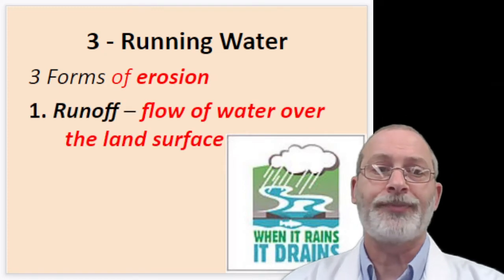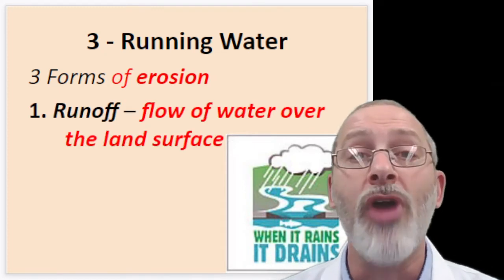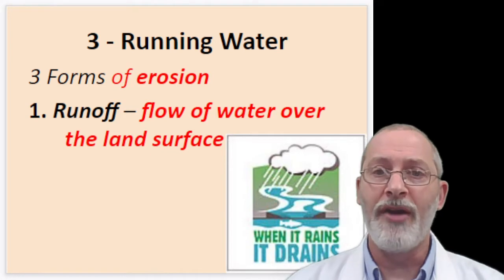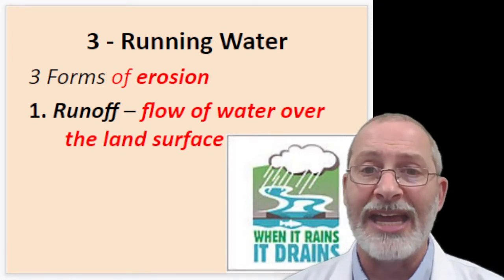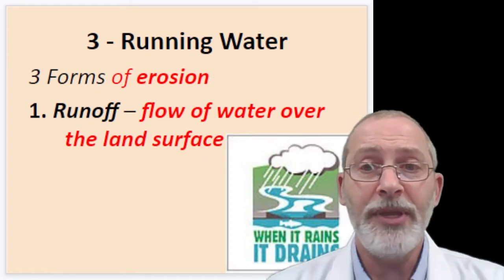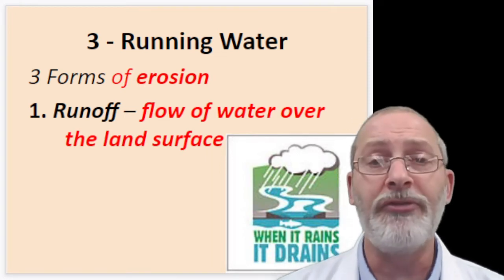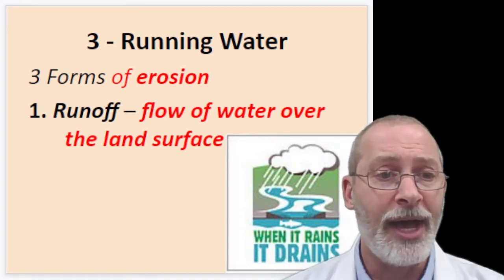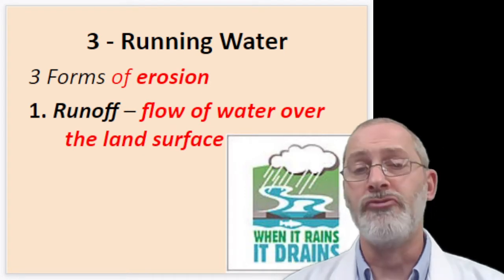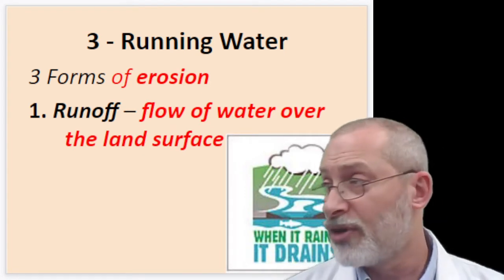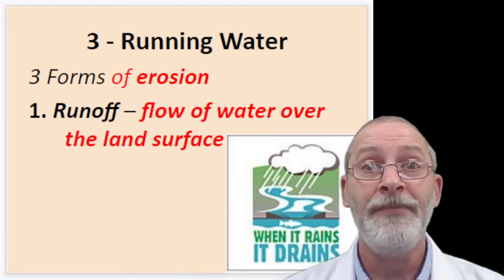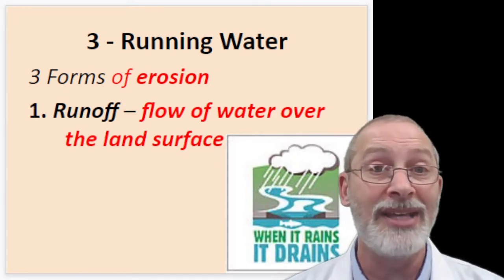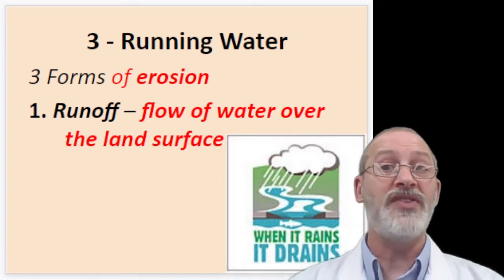First one is called runoff. Runoff is the flow of water over the land's surface. Seems pretty straightforward, I would say. If you've ever looked outside the window or been outside when there is a really nasty rainstorm, then you have seen runoff.